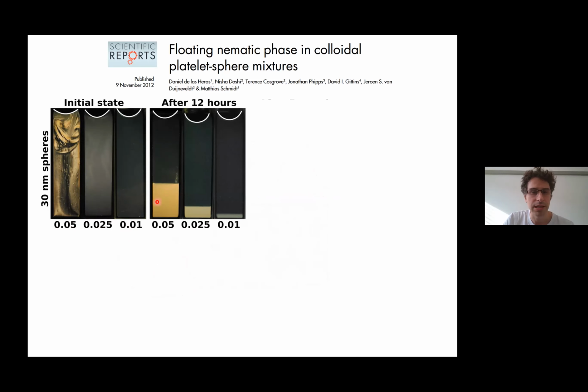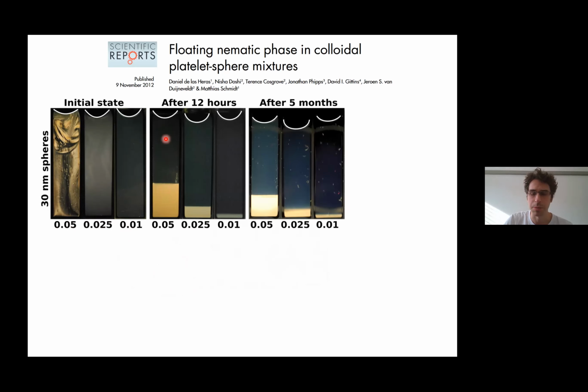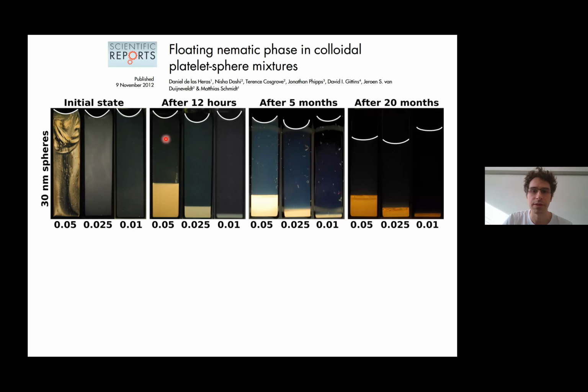So in this case, there is a bottom nematic, this yellow region where the platelets are oriented along the same direction. There is orientational order, and there is a top isotropic state. And then you let the system evolve. This is 5 months, 20 months, and then more or less after 20 months, the system has equilibrated. So the relative thicknesses of each of the stacks is no longer changed.